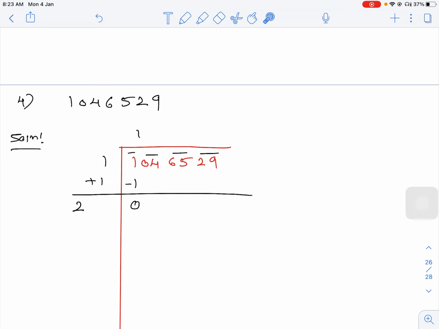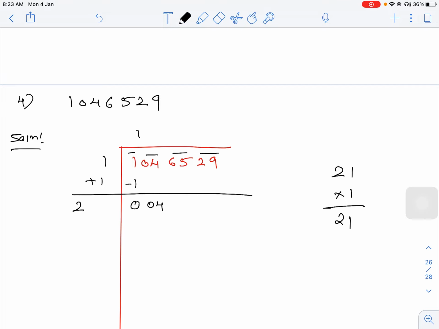Now look at our next number, that is 04. So we have to take that number over here. Okay, now suppose if you write here 1, so our number will become 21. If you write here 1, we have to multiply it by 1. What number do we get? 21. But this number is bigger than this number. Okay, so in such a case what we will do, we will multiply here by 0.